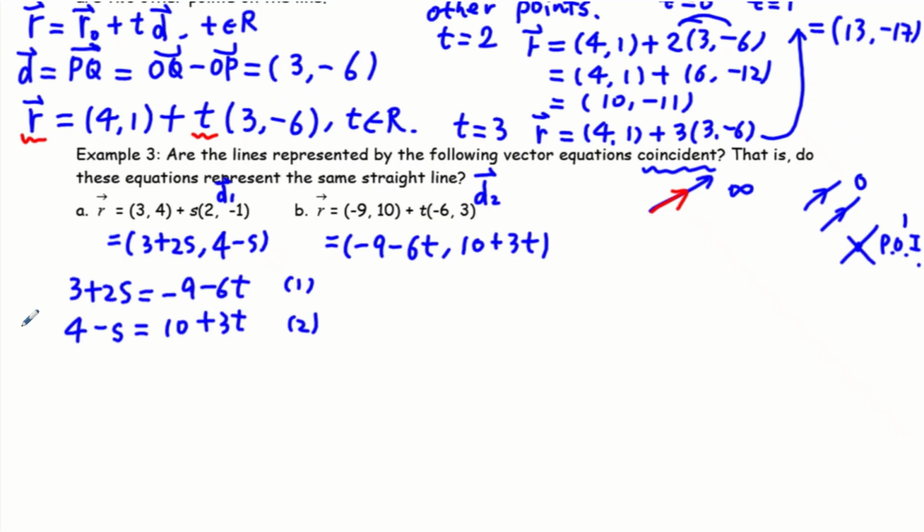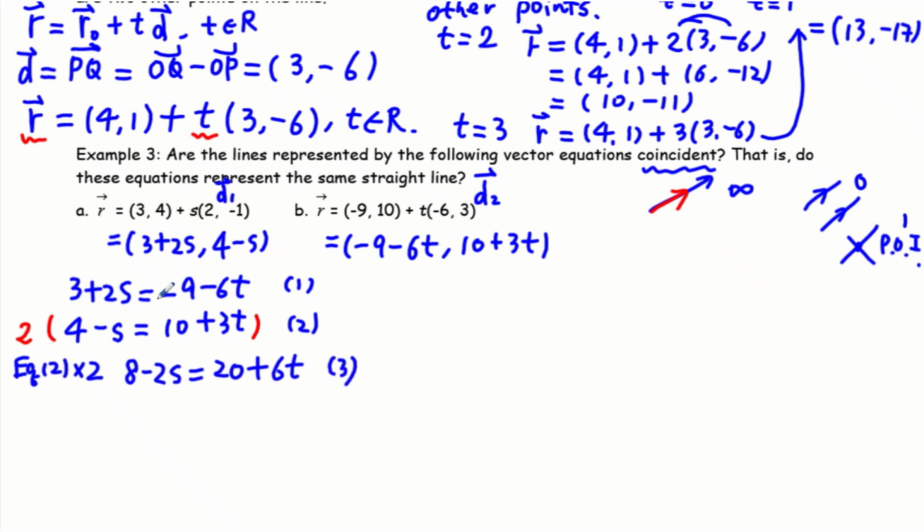So we want to times 2. So equation 2 times 2. Then we are going to have 8 minus 2s equals 20 plus 6t. This is our equation 3.